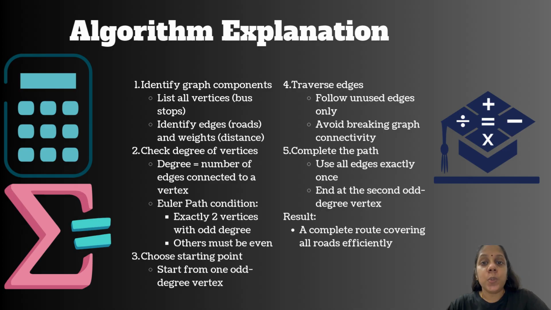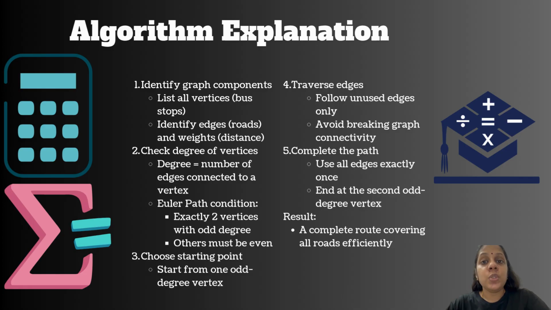Degree equals the number of roads connected to a stop. For an Euler path, we must have exactly 2 vertices with odd degree. The rest must be even. These 2 odd vertices will be the starting point and ending point.